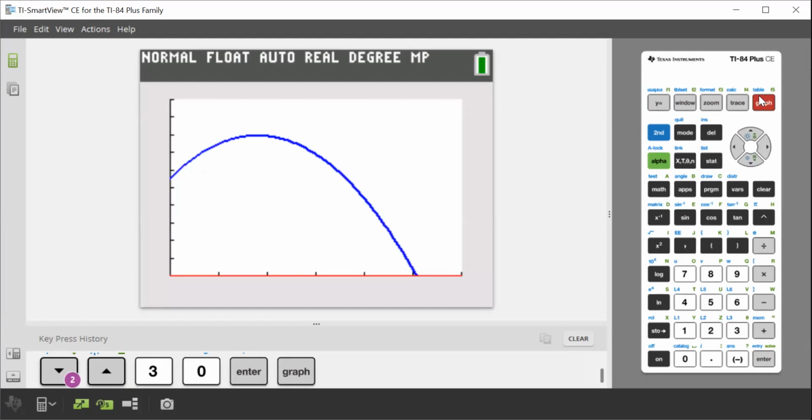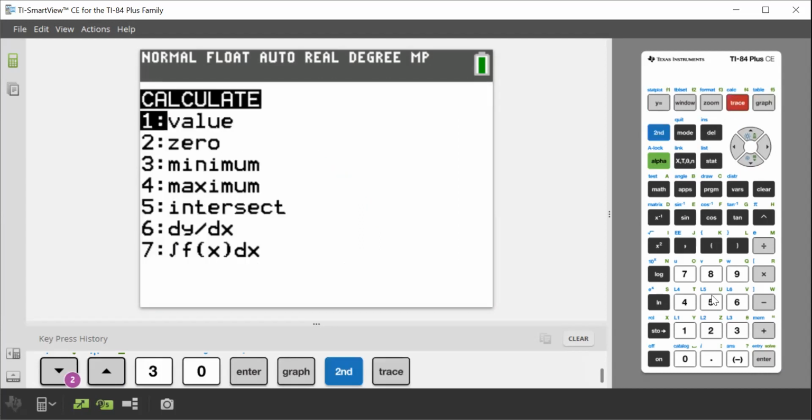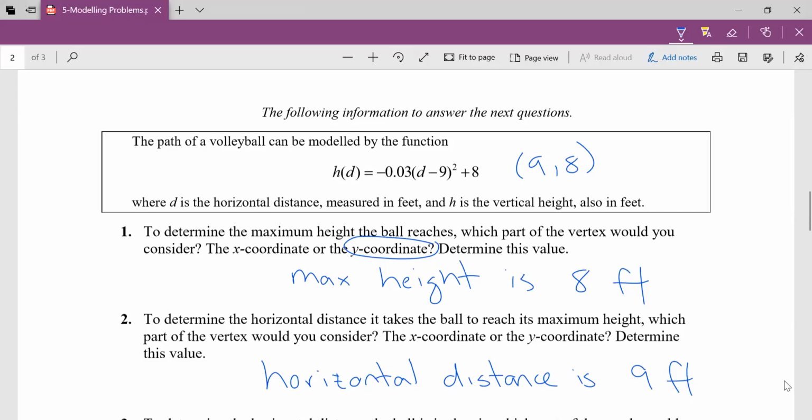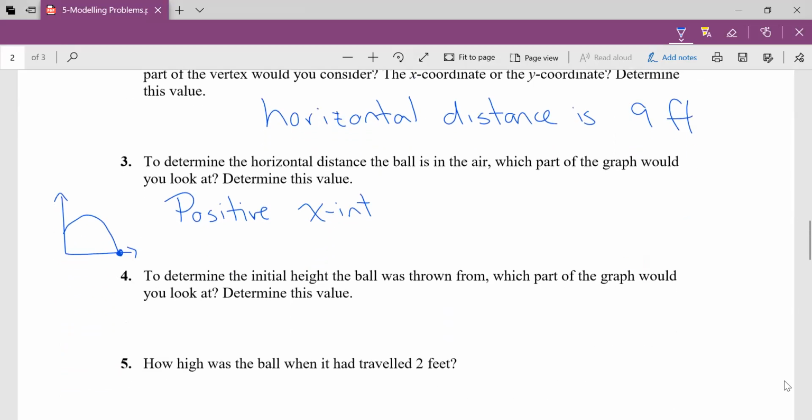Okay, we want that positive x-intercept. Second, trace, intersect. First curve, second curve, guess, who cares? Boom. To the nearest tenth, we would say 25.3. Once we have those window settings set up, these are actually pretty straightforward questions. It's just about getting that window setting.